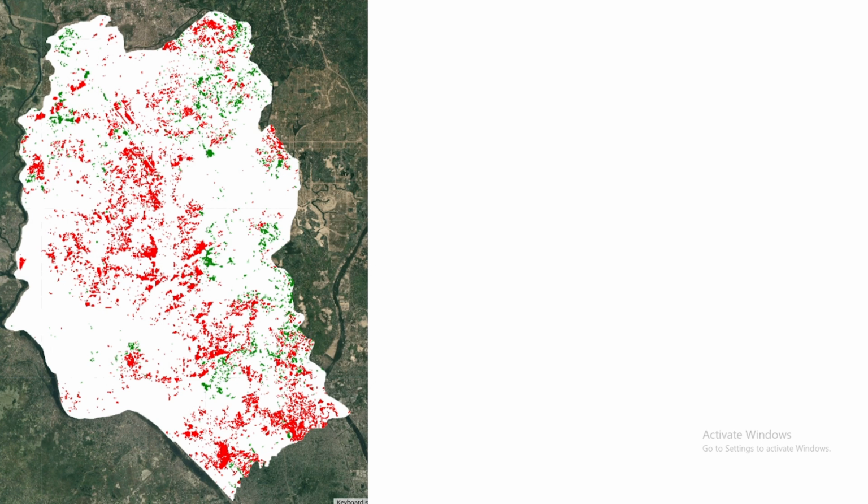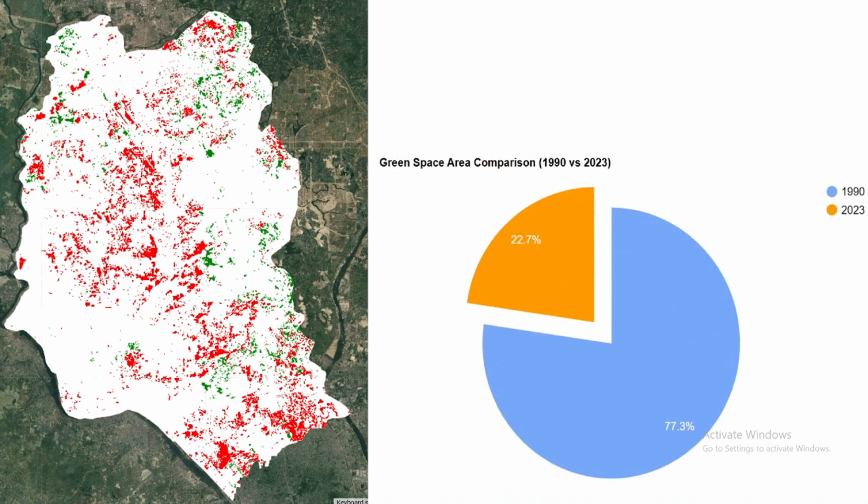Basically, it is the green space. At this time, if you compare the green space, suppose 1992 and 2023, we find that in 2023 there is only 22.7% green space in the Dhaka city boundary, and in 1990, the very first time, we found 77.3% green space.